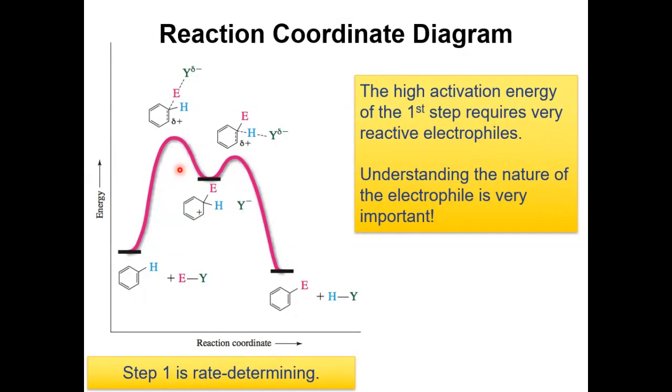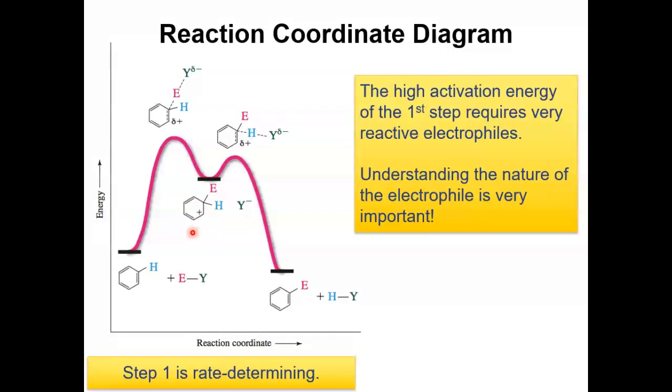So what's the impact of the transition state becoming more stable in terms of rate? It will be faster.